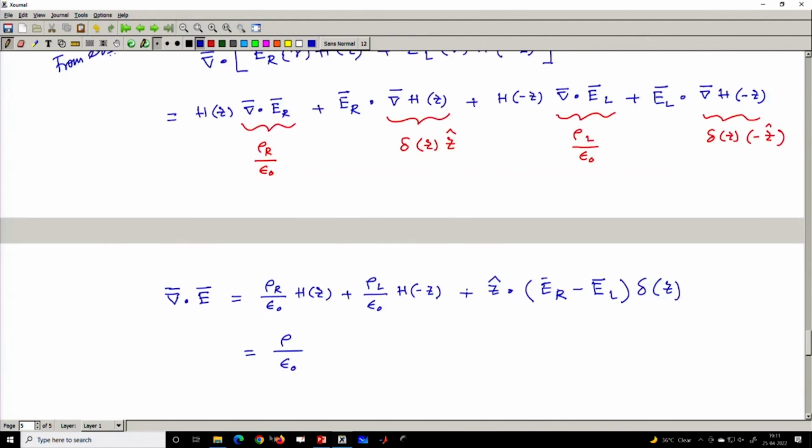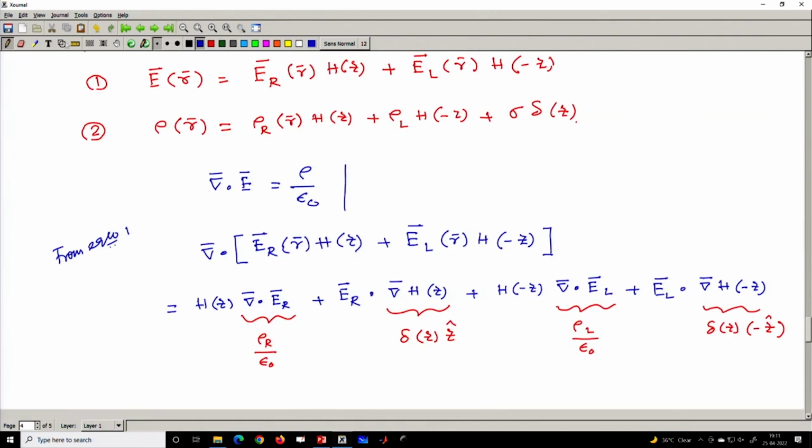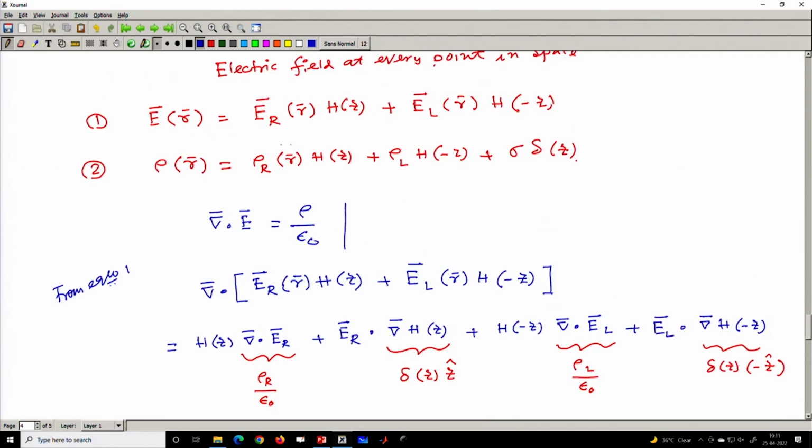Okay. Now, I also have another equation. I am just exploiting equation 1, but equation 2 suggests that my rho is rho_R, rho_L and sigma.